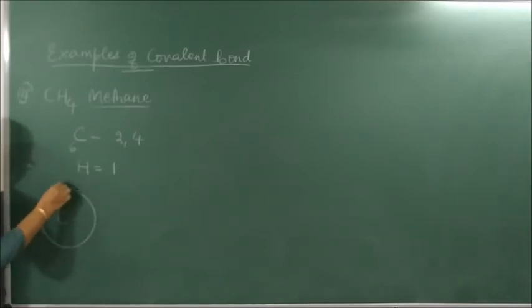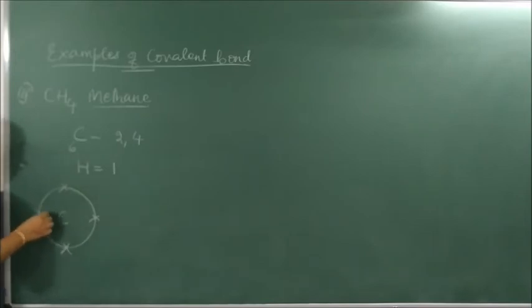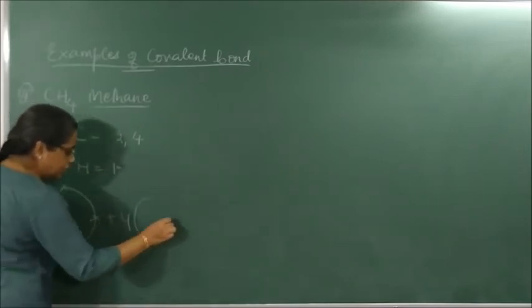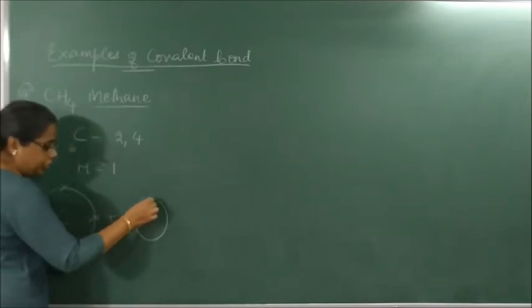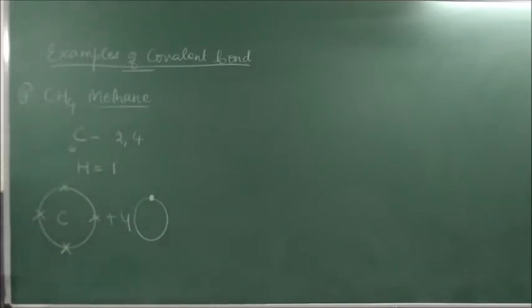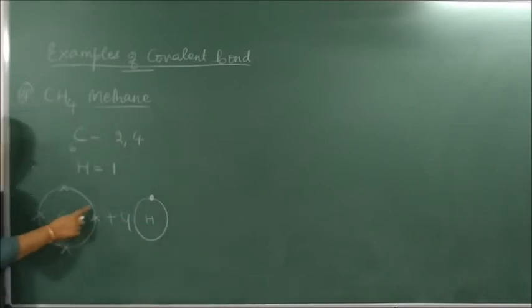Carbon, it has 1, 2, 3, 4. Correct? And then we have 4 hydrogen. Because there are 2 different species, I am taking one as dot and one as cross. Clear? So now if you look here, every place if hydrogen comes, won't it become 8?